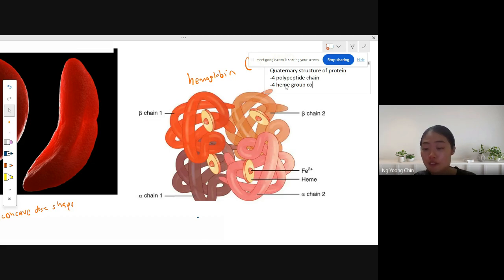Each of the 4 heme groups contains iron. This one, Fe2+, is the iron found in the hemoglobin.